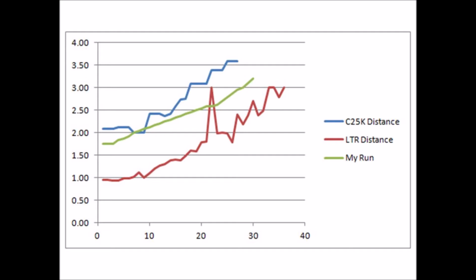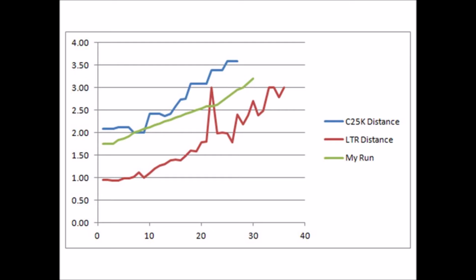You'll also notice on the chart that I have something called My Run. I didn't like the abruptness around day 20 of the Learn to Run. All of a sudden it has you running for 30 minutes straight, no walking. And most of the people reviewing this on Garmin feel like this might have been a mistake, but it's in there. And I managed to do it. It wasn't all that great of a run.